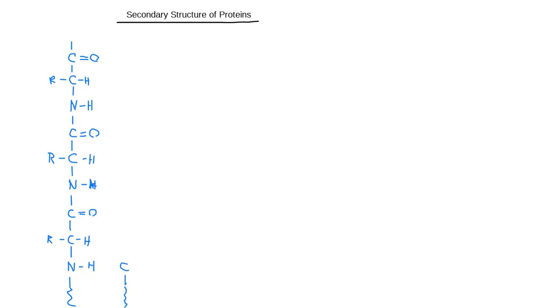And I have a carbon double bond O. And then I have a carbon with an R group and a hydrogen. And then I have a nitrogen with a hydrogen. And then I have a carbon double bond O. And then I have another carbon, the R group, and a hydrogen.